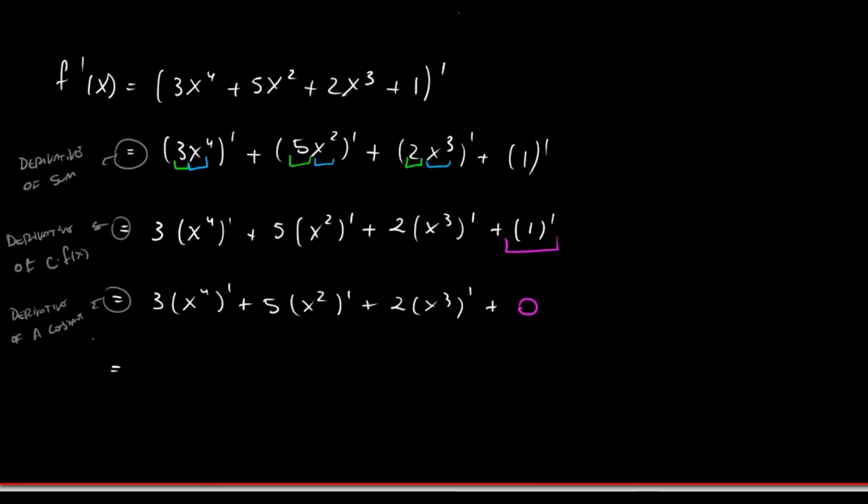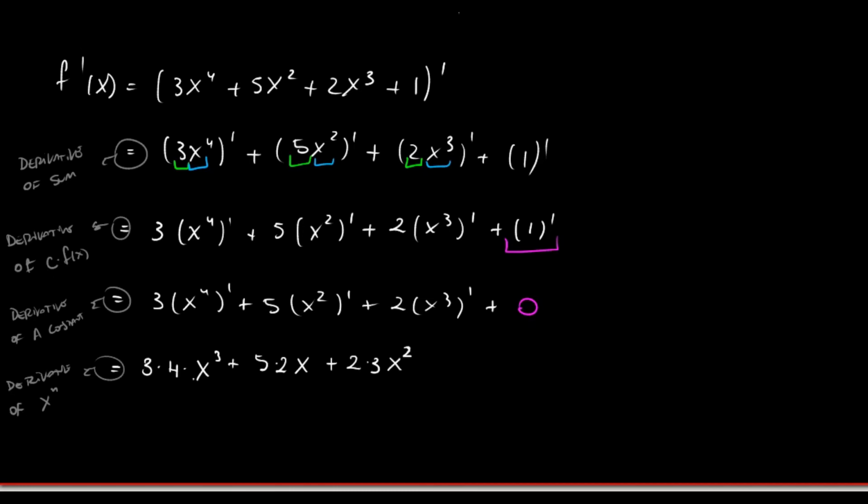And now we can use what we just proved about the derivative of x to the n. This is 3 times n, which is equal to 4 in this case, times x to the n minus 1. 4 minus 1 is 3, plus 5 times the power 2 times x to the 2 minus 1, which is 1, so x to the power 1 is x, plus 2 times the power 3 times x to the 3 minus 1, and that is 2.